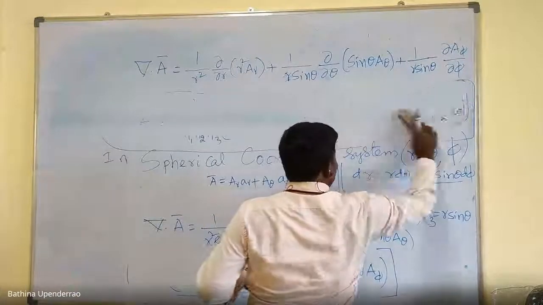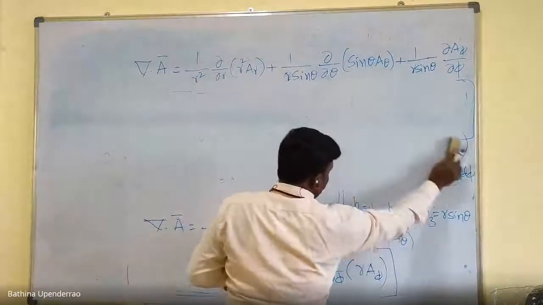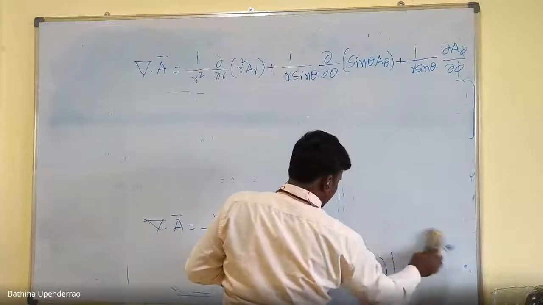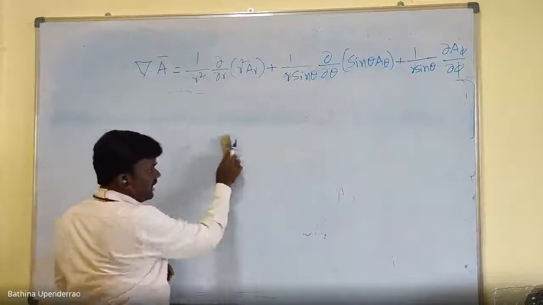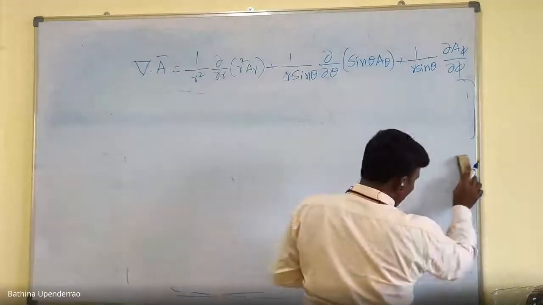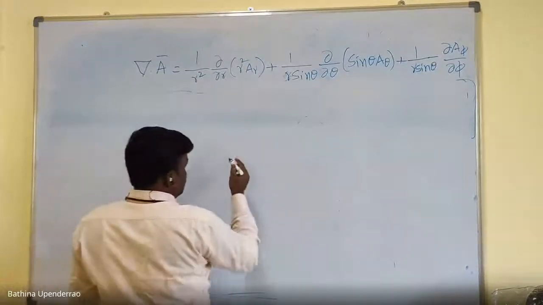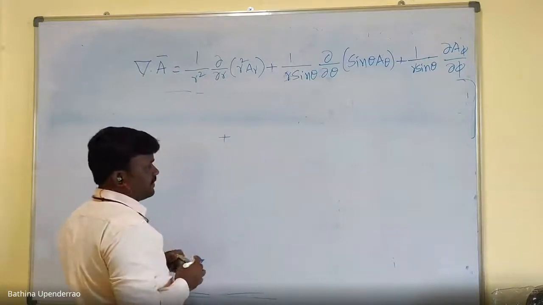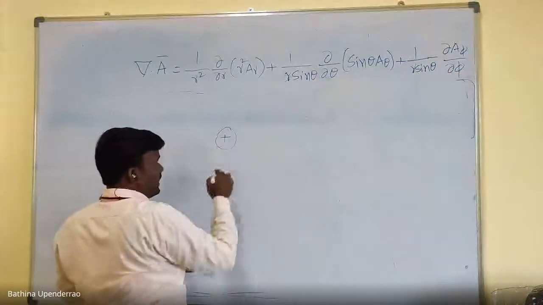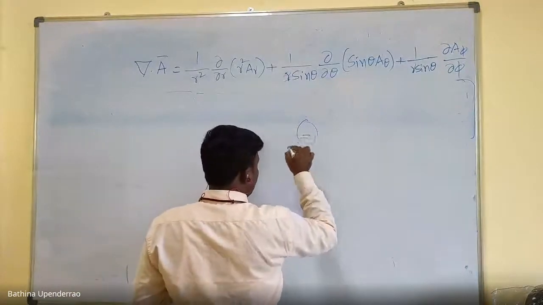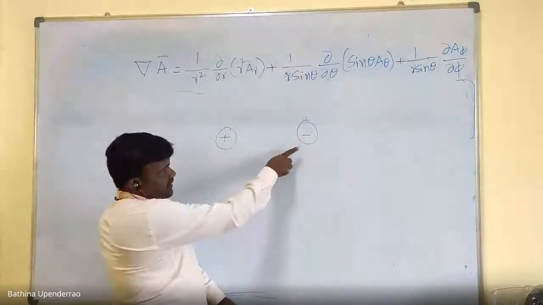What is meant by physical interpretation of this divergence? Sometimes you may have positive divergence, negative divergence, or zero divergence. Basically, divergence indicates the net outward flow of the flux. Electric field lines start at positive charge and terminate at negative charge.